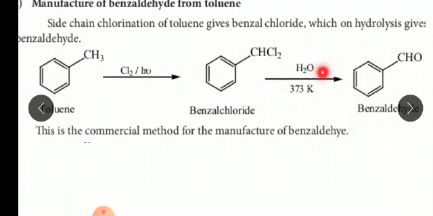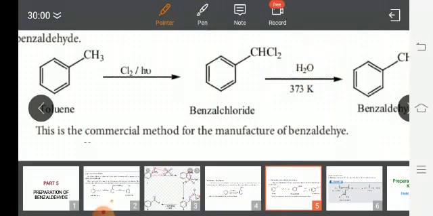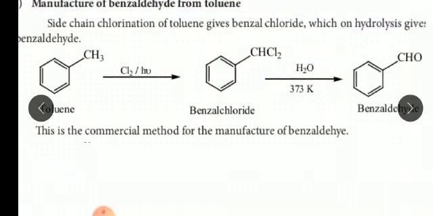So this oxygen will be bonded with the CH, and the 2H and 2Cl are removed as 2HCl, and the remaining compound is CHO. So it is benzaldehyde. This is another method for preparing benzaldehyde.